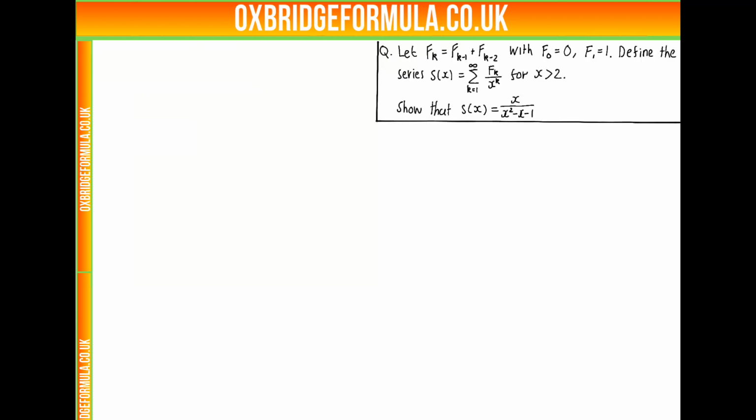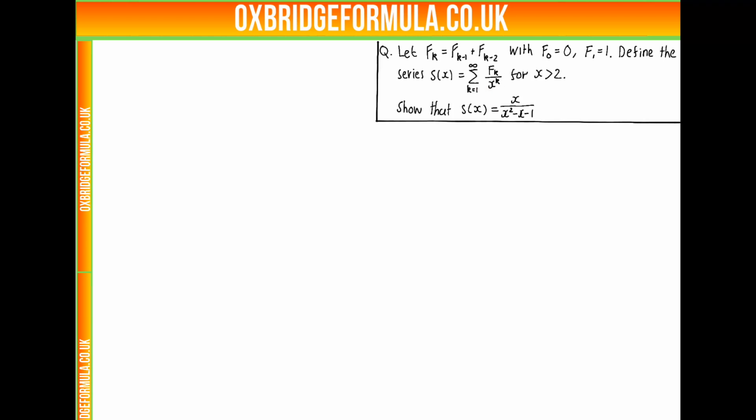The first thing to say about this question is that we are meant to implicitly assume that S(x) is actually finite, that this sum does in fact converge. Now, this isn't particularly obvious from this form.